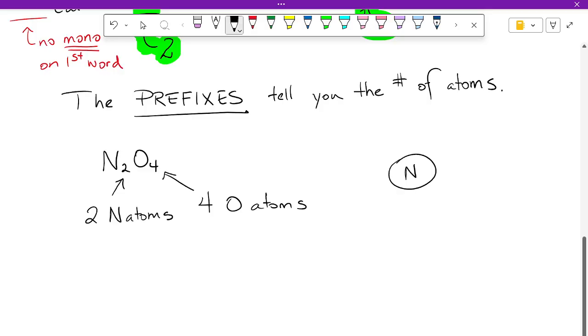So that would look like an N attached to an N, and 4 O's attached.